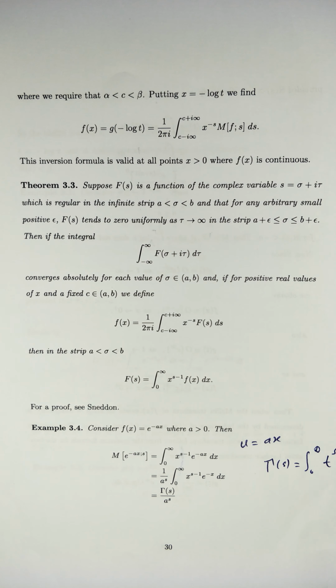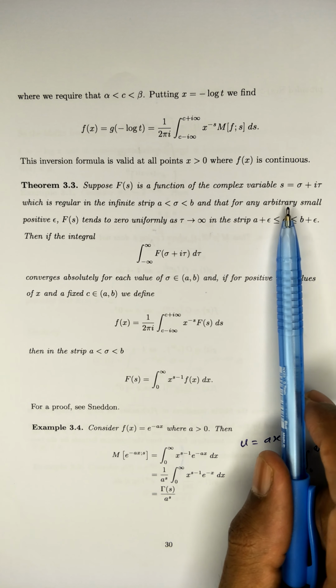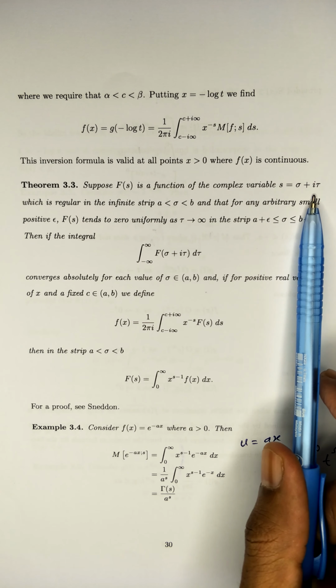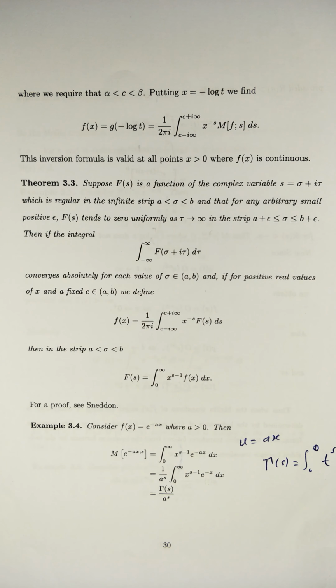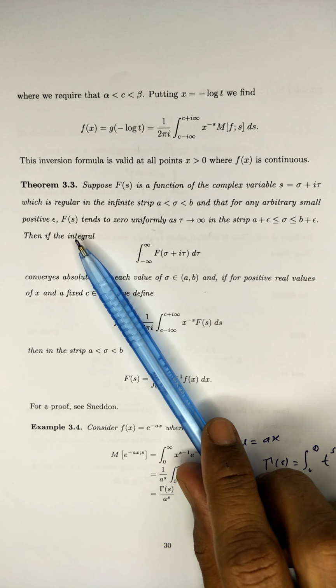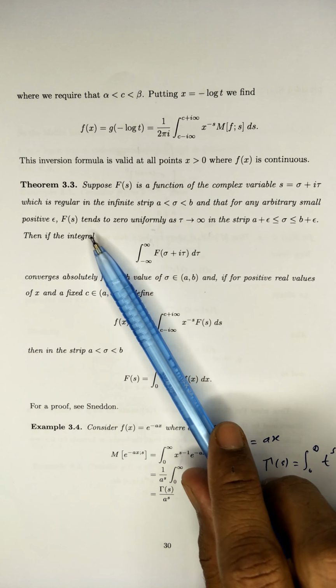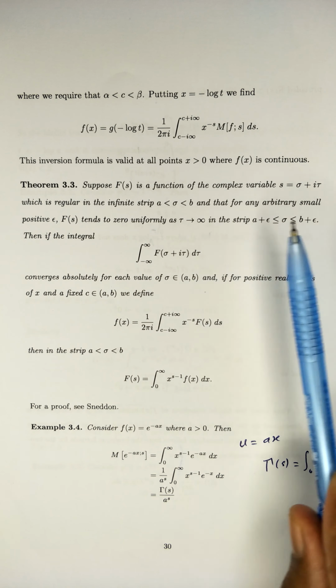Okay, suppose f(x) is a function of the complex variable s = gamma + i tau, which is regular in the infinite strip (a, b), and that for any arbitrary small positive epsilon, f(x) tends to 0 uniformly as tau goes to infinity in the strip.